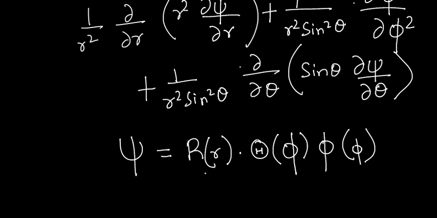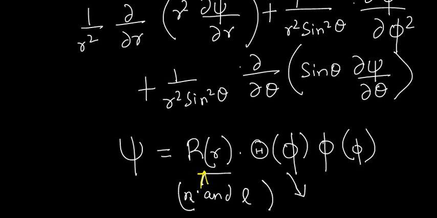Over here, R is a function that depends on the distance from the nucleus, which in turn depends on the quantum numbers n and l. Now, the next term is a function of theta, which depends on the quantum numbers l and m.